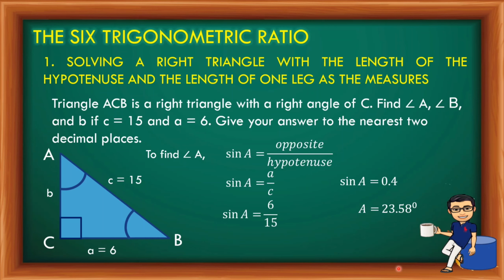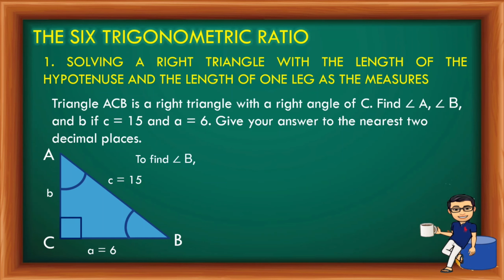So, nakuha na natin ngayon ang measure ng angle A, solve naman natin ang measure ng angle B. To find angle B, we can do the same process kanina. So, ito naman yung isosolve natin, angle B. Sukat ng angle B, titingnan din natin kung ano pa rin yung given.